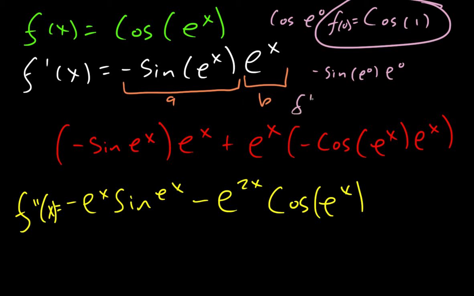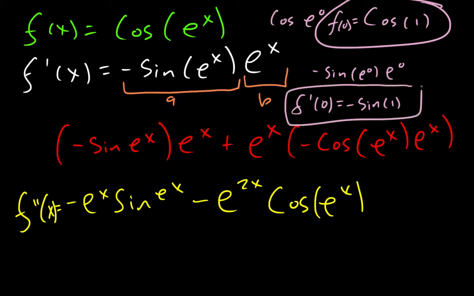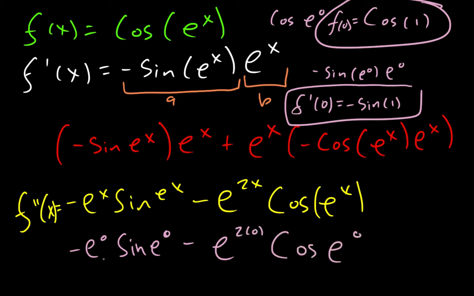And so the first derivative at 0 is going to be negative sine of 1, because this goes to 1, this goes to 1. Okay. And then the second derivative, we're going to get negative e to the 0 sine e to the 0 minus e to the 2 times 0 cosine e to the 0. So that just goes to negative 1 times sine of 1. This just goes to negative 1 and cosine of 1.